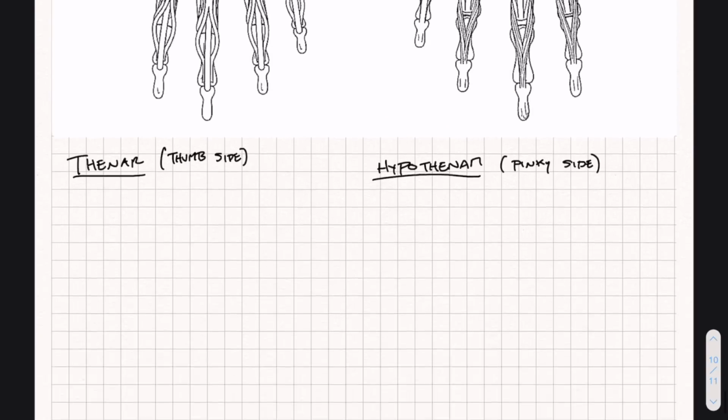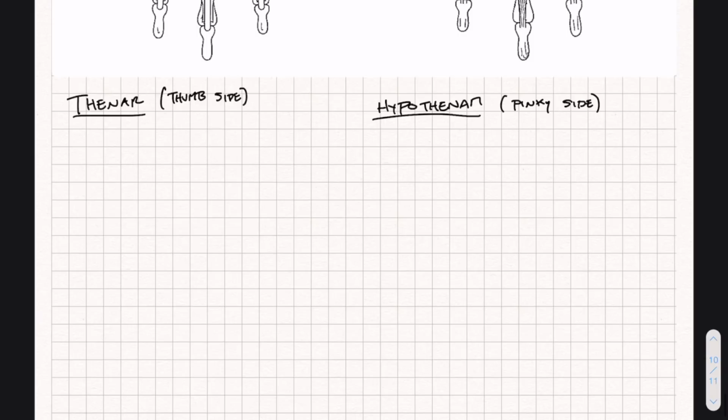There's a mnemonic to help us walk through all of these muscles. So I'm just going to write that first. Okay, this is the mnemonic for our thenar and our hypothenar muscles. Kind of stupid, but I think it's pretty helpful.